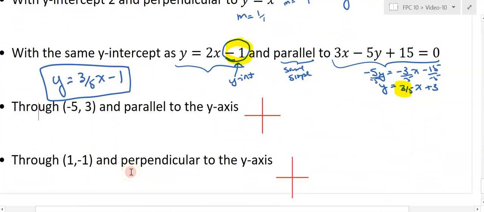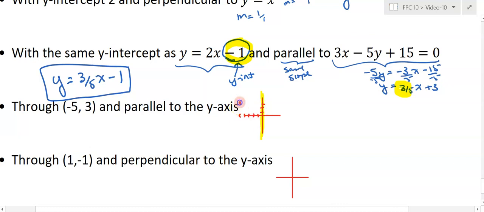Last two questions here. It goes through -5, 3 and is parallel to the y-axis. The y-axis is a vertical line. So it's parallel to the y-axis and it goes through -5, 3. So let's find -5, 3.